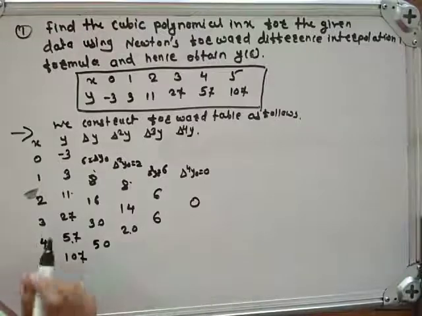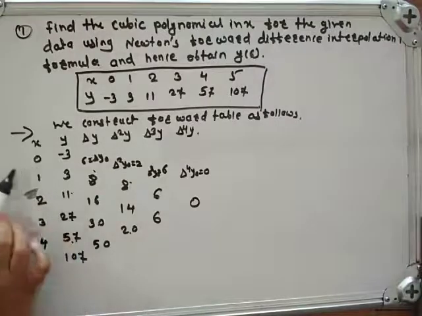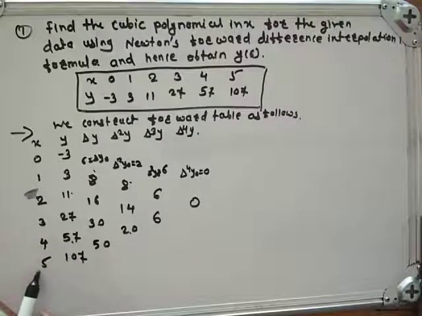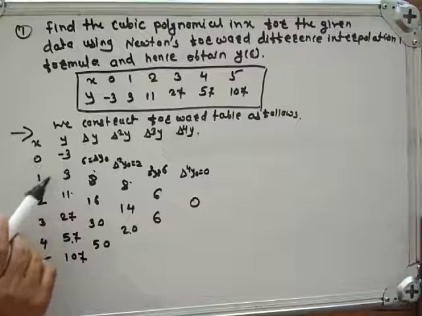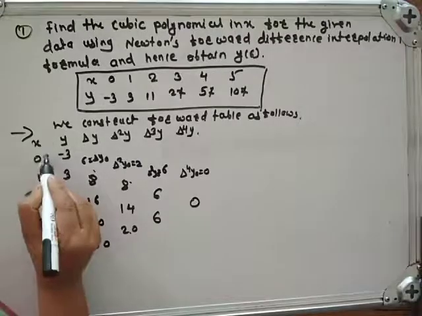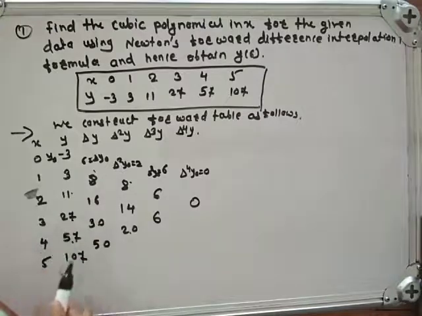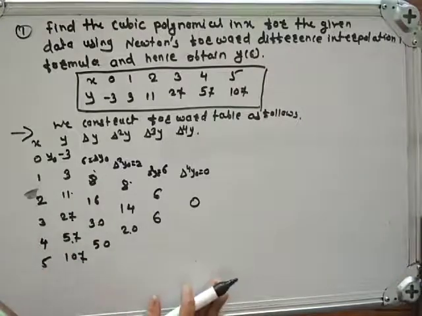And you know very well these are x0, x1, x2, x3, x4 and x5, and therefore y0, y1, y2, y3, y4 and y5.